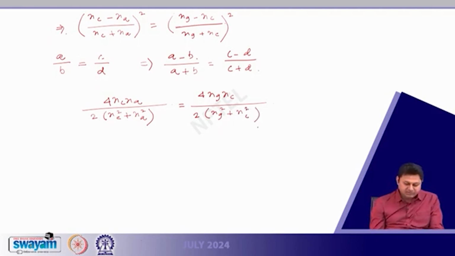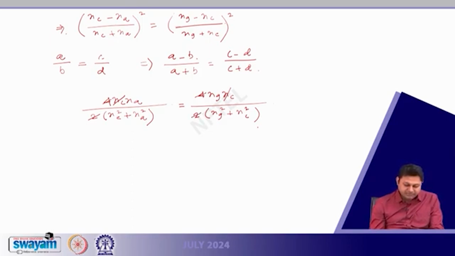So NC will cancel out from both the sides, and 2, 4, 4, 2 will cancel out.